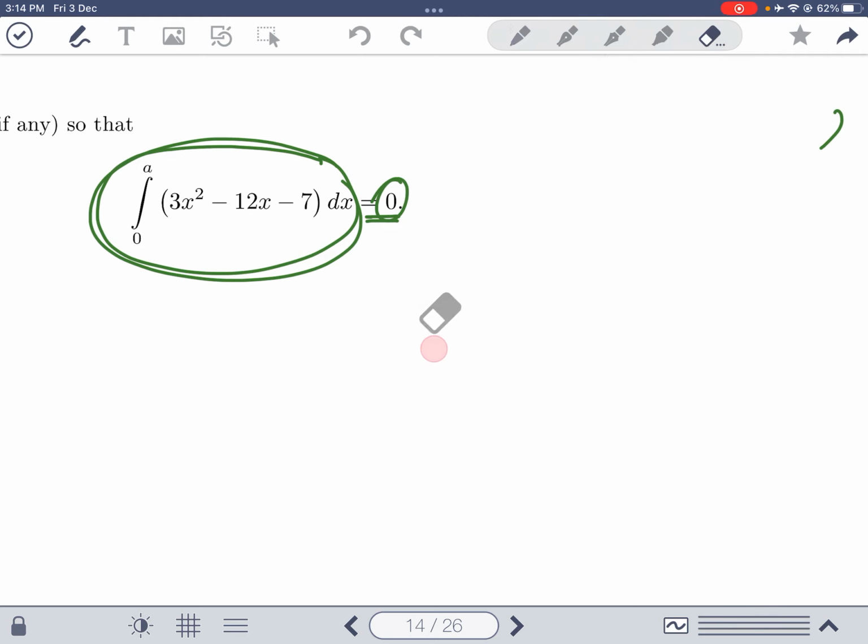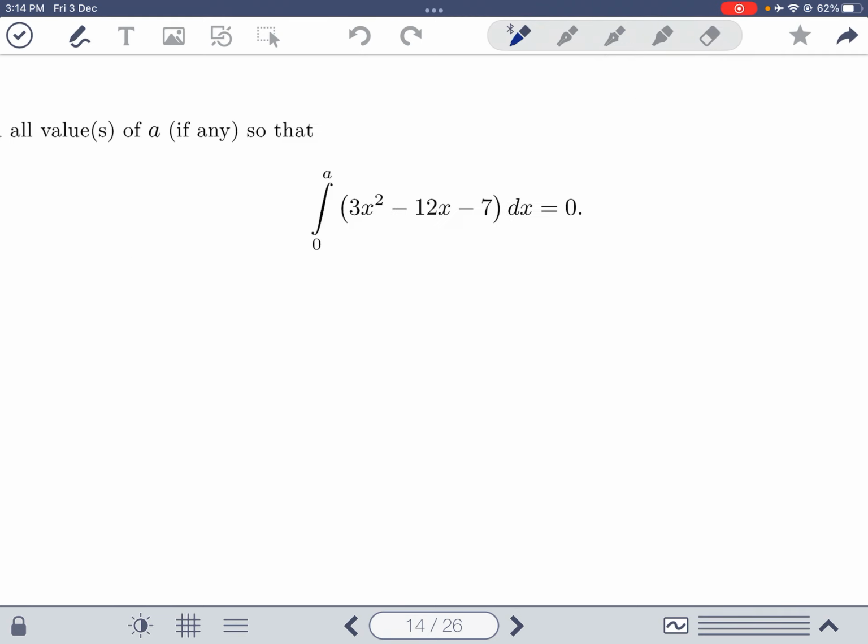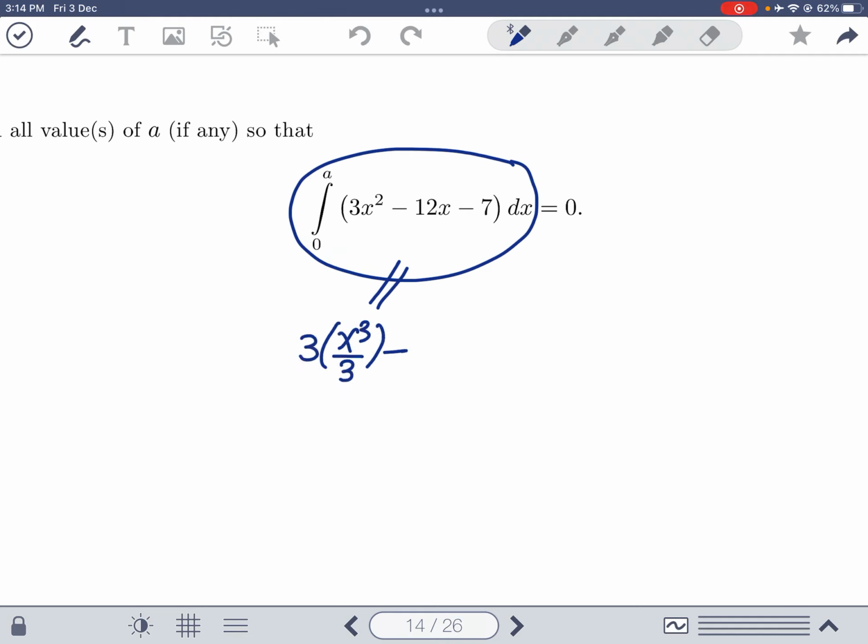Now we want to find all values of a, so this happens. So let's integrate. What is this? So antiderivative of 3x squared is x cubed. Remember, it will be 3x cubed over 3 minus 12, and then antiderivative of x is x squared over 2 minus 7.